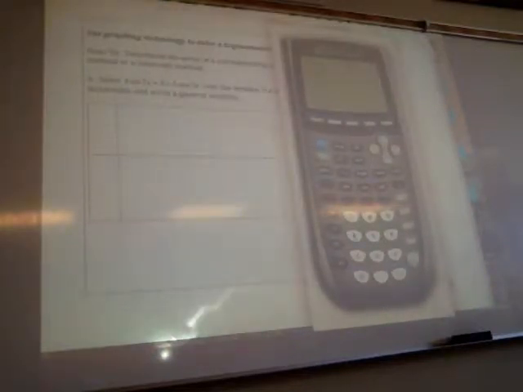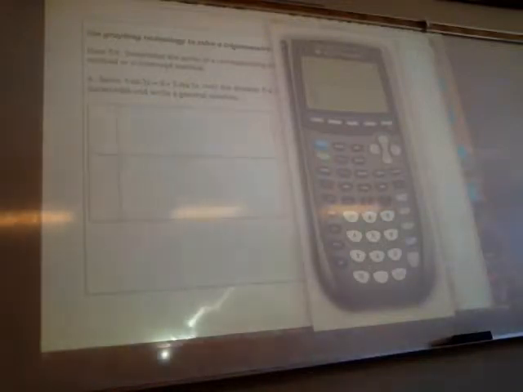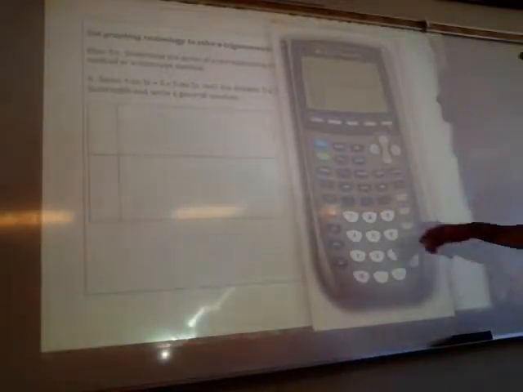So I'm going to put everything to the left-hand side: 4 sine 3x minus 6 minus 5 cosine 3x. Now we can graph it, and our solutions will just be the x-intercepts.